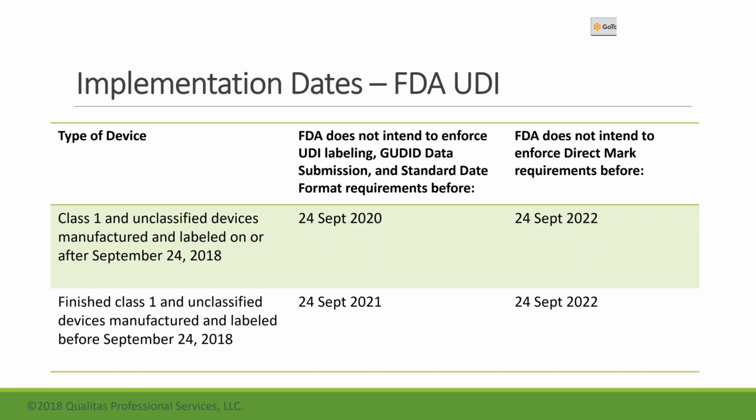Originally, they were supposed to be compliant in September of this year, but that has now been changed to September 24th of 2019. However, the labeling requirements have not been extended. The extension letter sent out this August was just for the GUDID submissions. And the FDA has sent out a number of these extension letters.